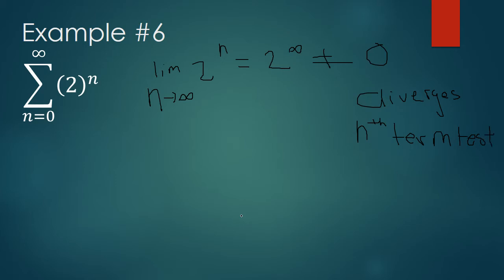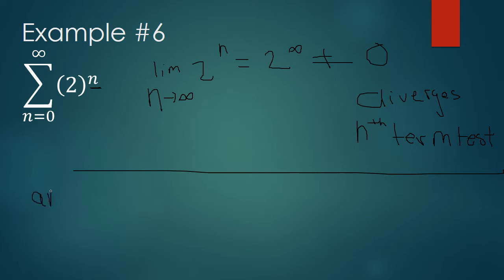Okay, so when we're talking about testing for converging and diverging, we're going to want to tell whether it's converging or diverging, find the sum if we can, if it's converging, and then you're going to want to give the test that you used. Now, that's one way to do the problem. A second way to do the problem is I notice right here that n is in the exponent position.